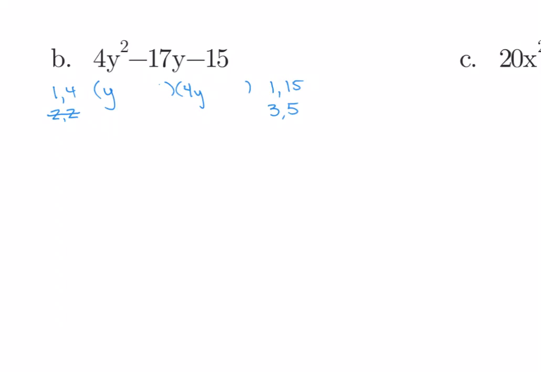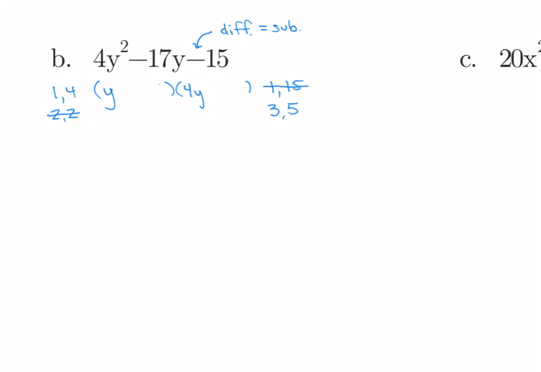Either way, I really don't feel like 1 and 15 are the right options for this one. I think 3 and 5 are a little better. Now we do need to be careful because depending on what our operation is, whether we're adding or subtracting, both of them will get us to 17. So we need to be very careful on this and remember that we have different signs, meaning I want to subtract to 17.